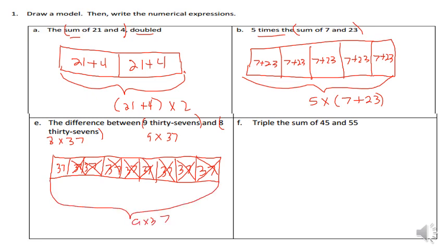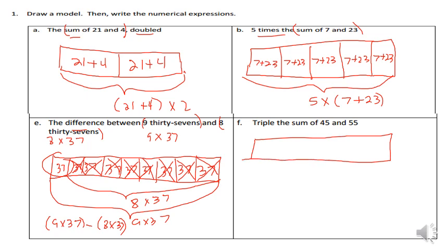So this whole thing here shows 9 times 37, and this one here shows 8 times 37. When we write this as an algebraic expression, it says the difference, so we're going to have 9 times 37 minus 8 times 37. And you can see by the drawing, our answer, even without having to work it out, is going to be 37.